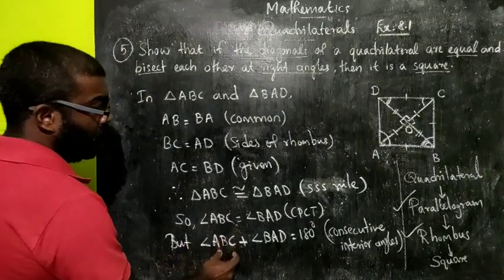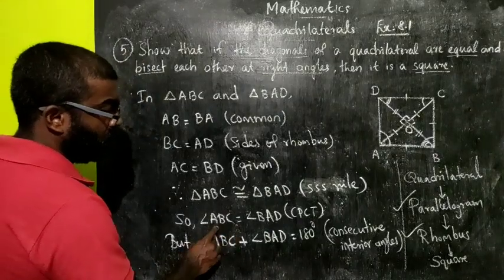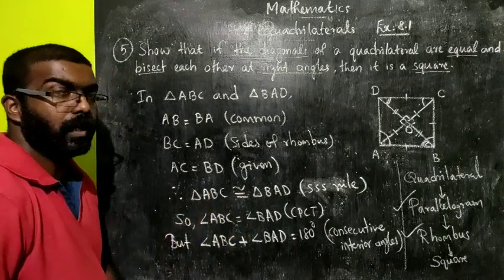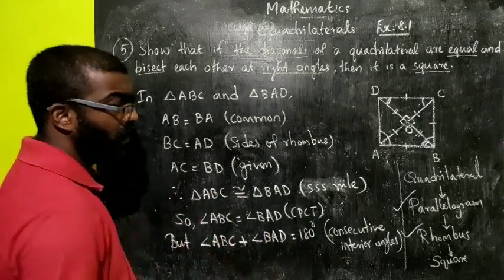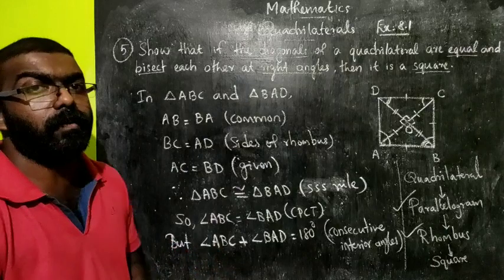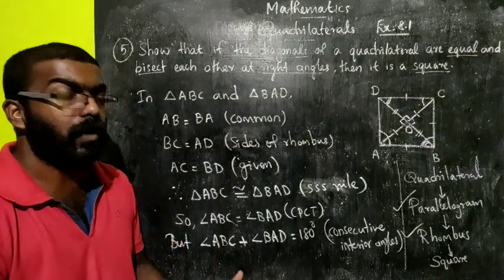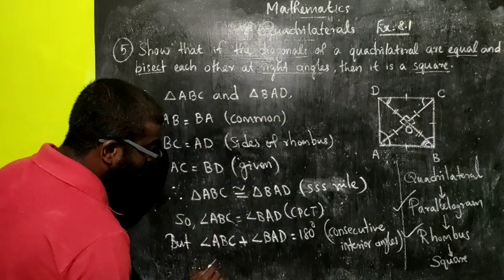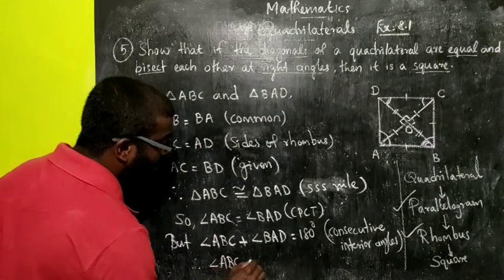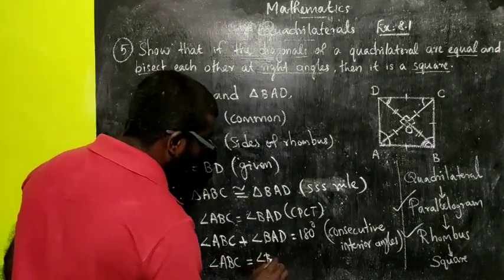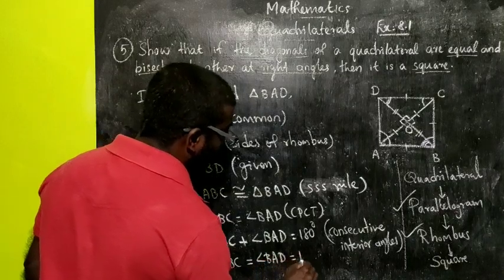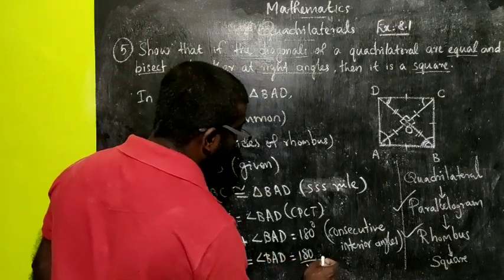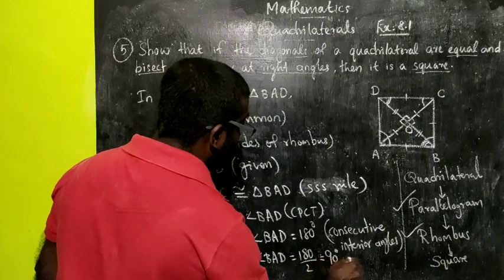And we can combine these two steps. In these steps, ABC equal to BAD. Here the sum is 180. So each one will be equal to 90 degree. 90 plus 90, 180. Therefore, we can write angle ABC equal to angle BAD equal to 180 divided by 2, which gives 90 degree.